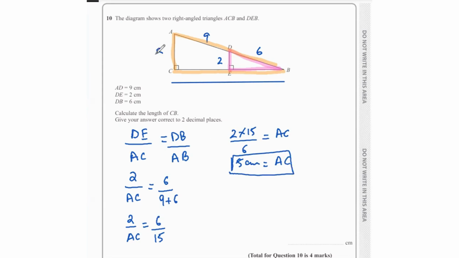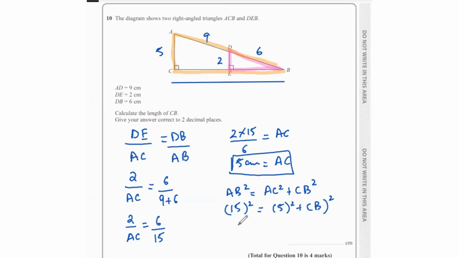Now that we have AC, you can see that we can use Pythagoras to find the length of CB because we have the hypotenuse and we have the opposite. So we will do AB squared equals AC squared plus CB squared. 15 squared equals 5 squared plus CB squared.